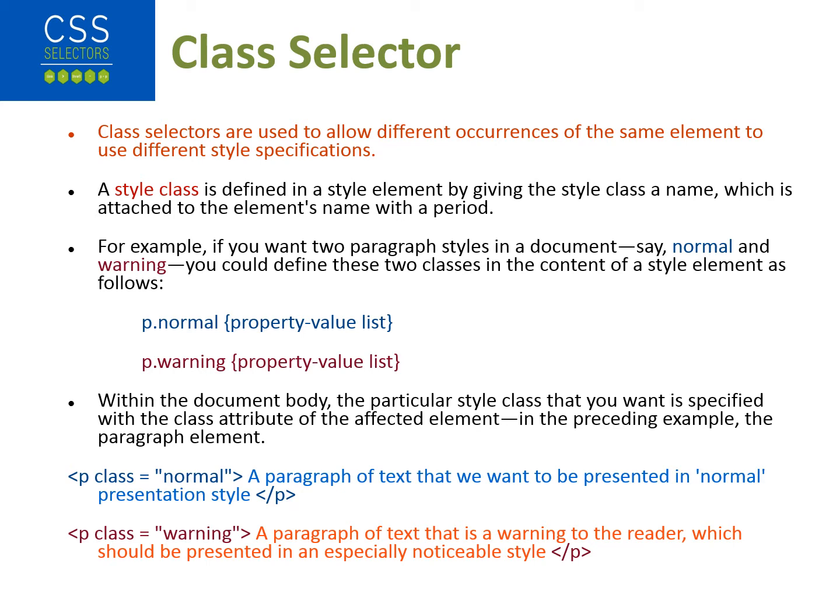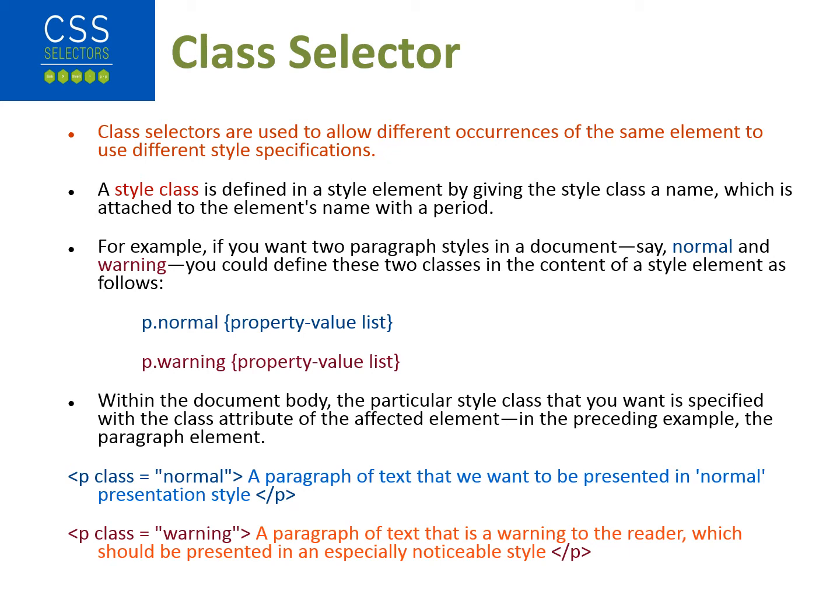So this class selector is applicable where we have a single element with multiple style definitions. If we need a single element with multiple style definitions, then we can use this class selector. So this allows different occurrences of the same tag to use different style specifications.